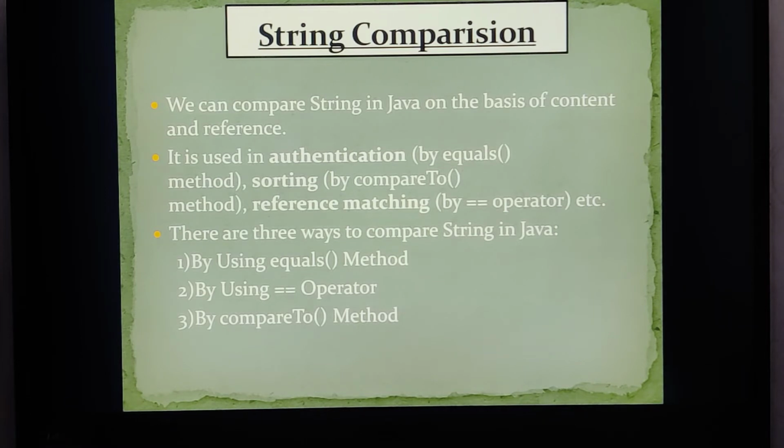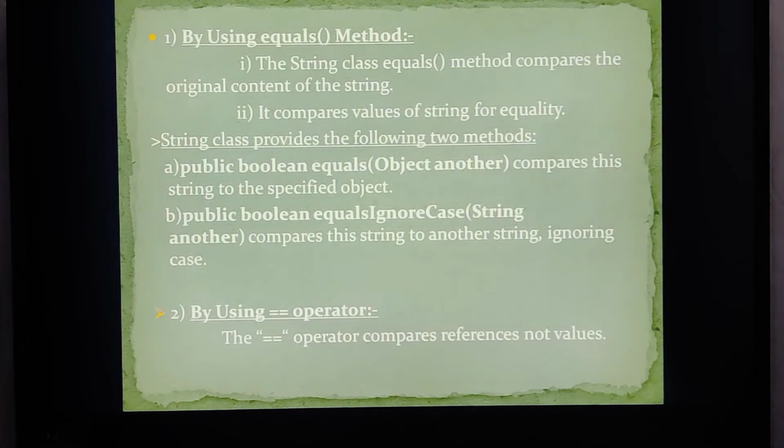First, the equals method. The String class equals method compares the original content of the string. It compares the values of strings for equality. The String class provides the following two methods: one is the boolean equals method, and another is equalsIgnoreCase.